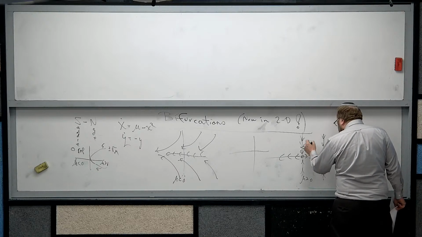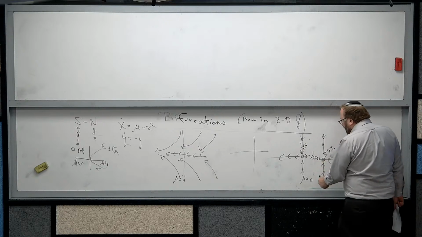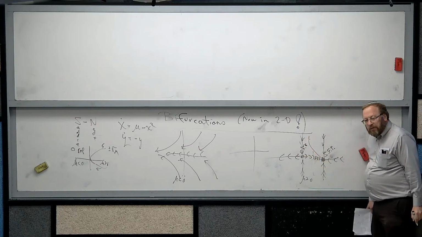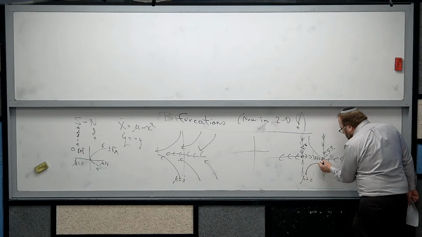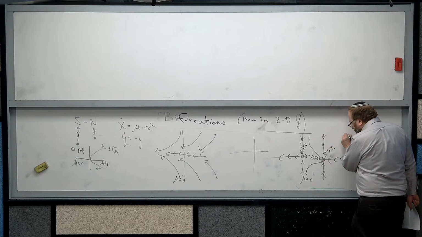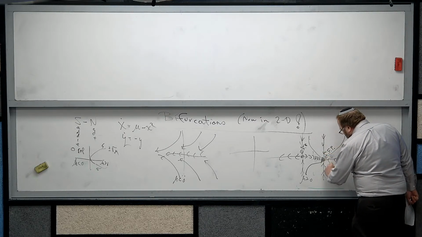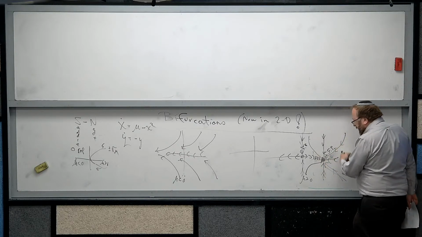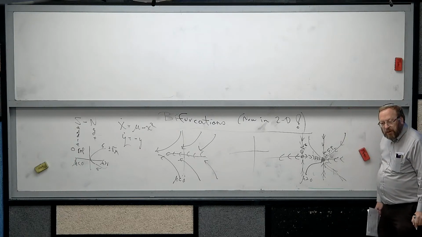If I start here, somewhere there, I go down in y, and I get swept here, so I go into the stable fixed point. If I start here, it's just the mirror image, and I go into the stable fixed point. So all in this area of the world, everything leads to the stable fixed point.